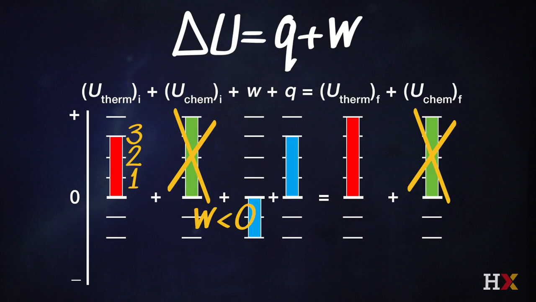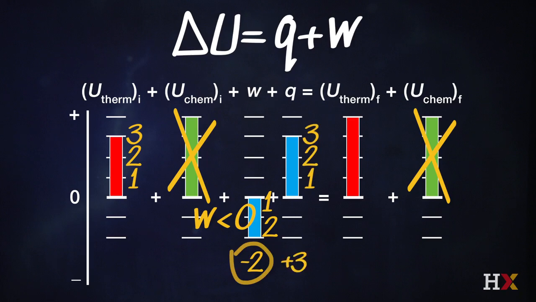And so we have 1, 2 units of work going from the system to the surroundings, so we have minus 2 units. The heat going in by virtue of the laser is going to give us 3 units, 1, 2, 3 units of heat going into the system. And so heat is a positive number because it's going from the surroundings to the system.